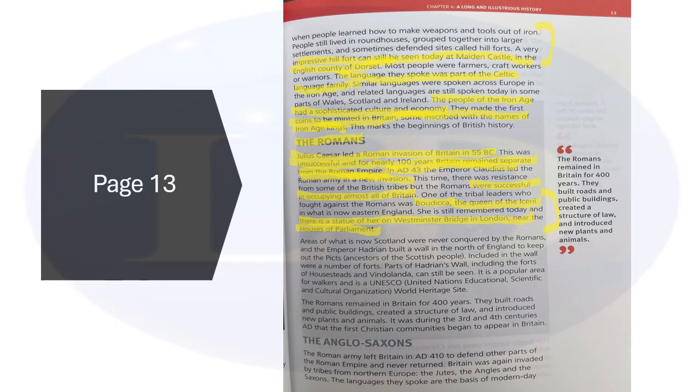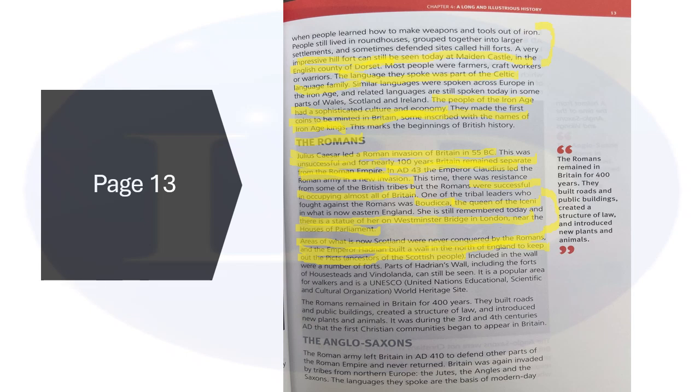Areas of what is now Scotland were never conquered by the Romans. That's a very, very important sentence. The Emperor Hadrian built a wall in the north of England to keep out the Picts, ancestors of Scottish people. These were very brave people, and they could not be conquered. Emperor Hadrian, the Roman emperor, was scared of Scottish people, and the ancestors of Scottish people are known as Picts.